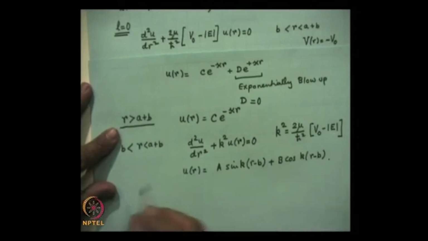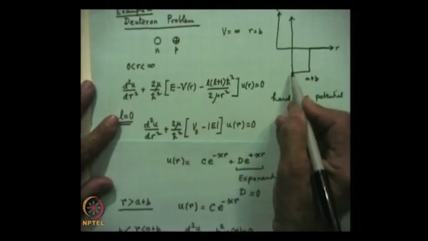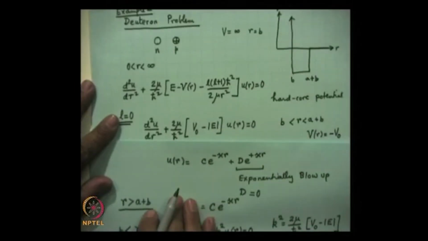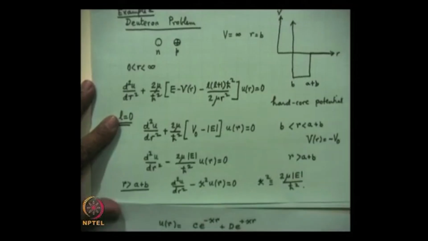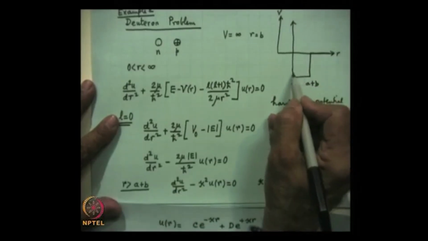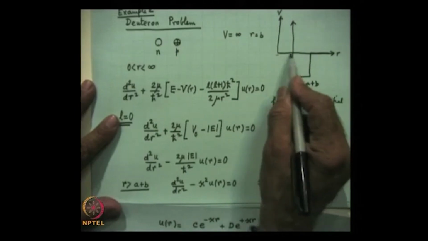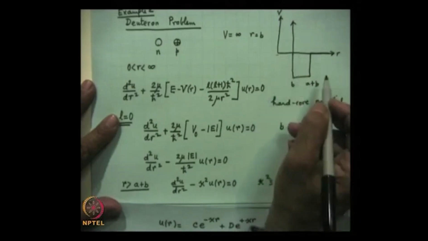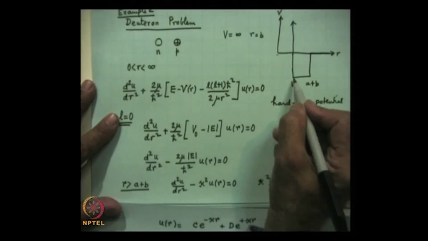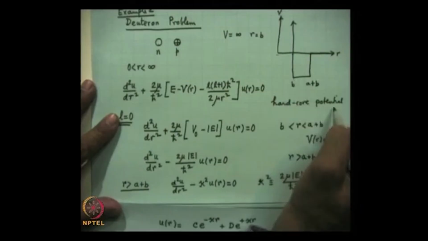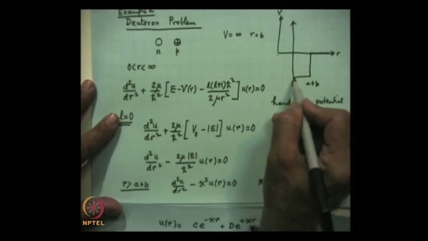Now, at r equal to b, there is an infinite potential. So, the wave function has to go to 0, because the interparticle distance cannot be less than b. That is what this potential physically implies. This is known as the hardcore potential, where the neutron and the proton cannot come closer.